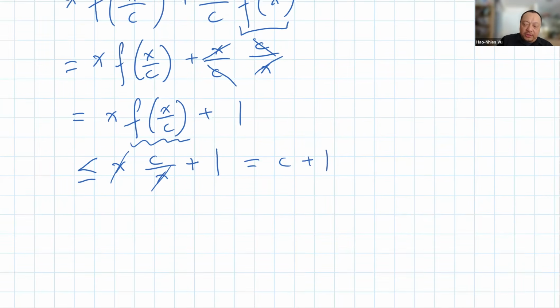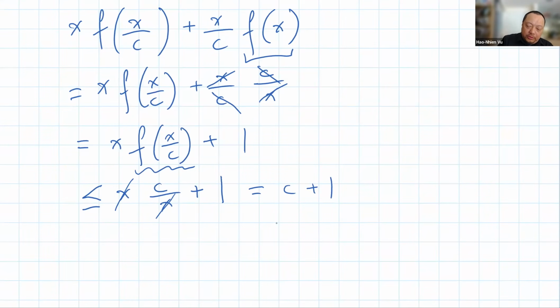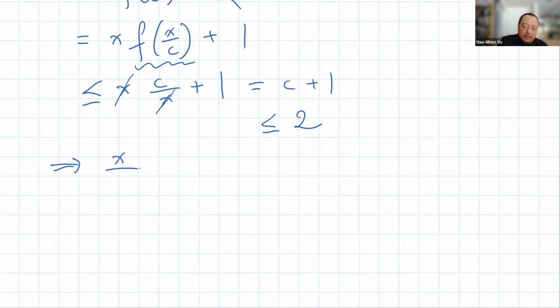And what do we know about c? We know that c is less than or equal to 1. So this whole thing is less than or equal to 1 plus 1, which is 2. Oh, look, that means that x over c satisfies the original star inequality. x over c is x star.